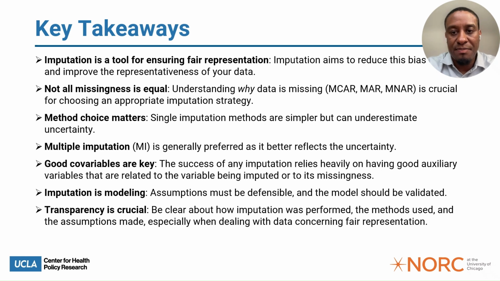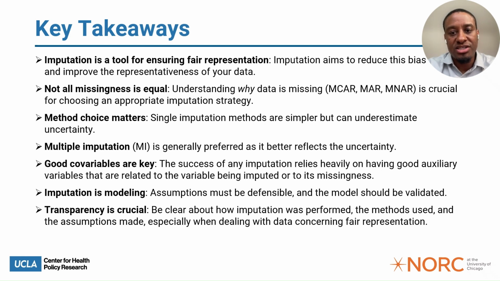So let us wrap up with the key takeaways. Imputation is a tool for ensuring fair representation by reducing bias from missing data. Not all missingness is equal. Understanding if it's MCAR, MAR, or MNAR is critical. Method choice matters. Single imputation is simpler but can underestimate uncertainty.